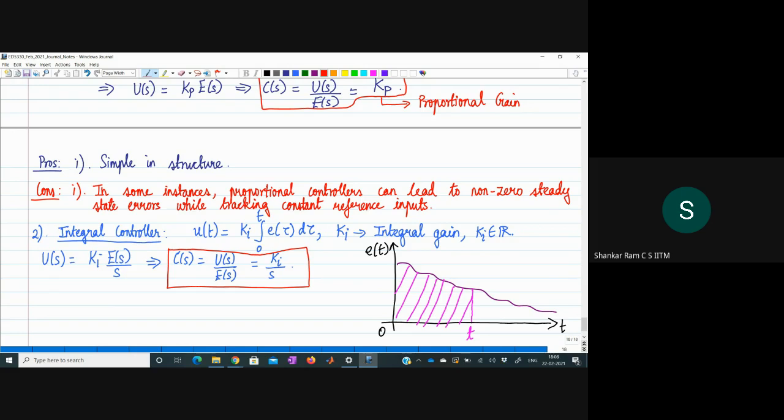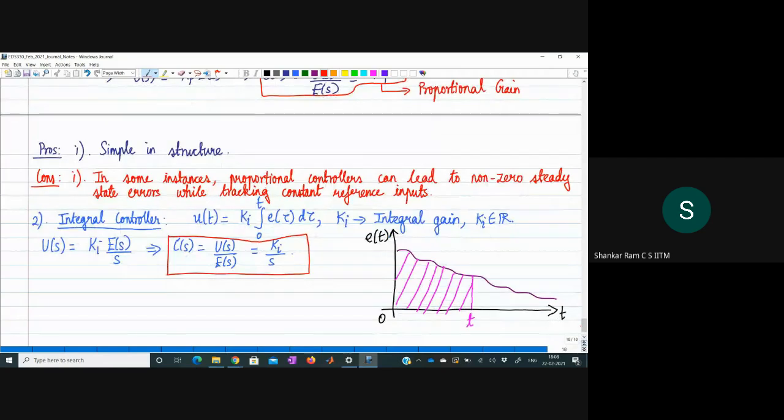One important thing to note, which we will also discuss later on, is one challenge when we design an integral controller: it introduces an open loop pole at 0. We can immediately observe that because its structure is Ki by s.